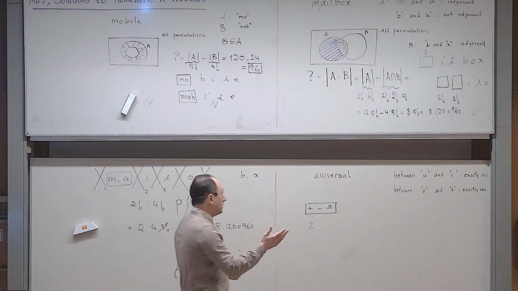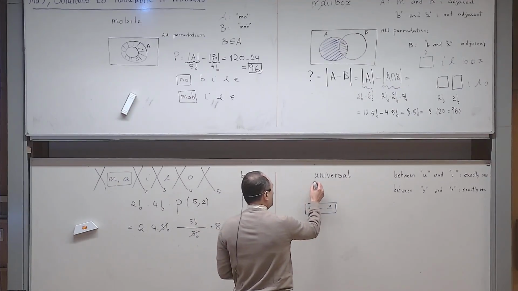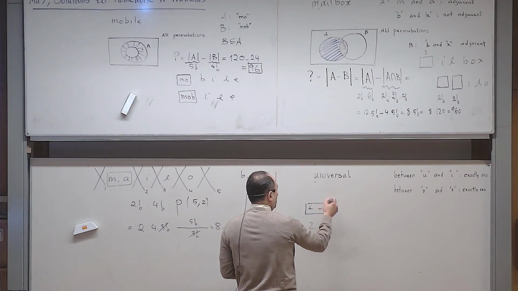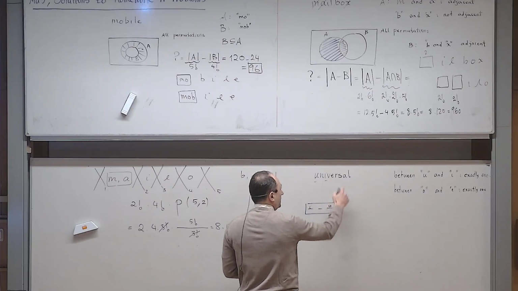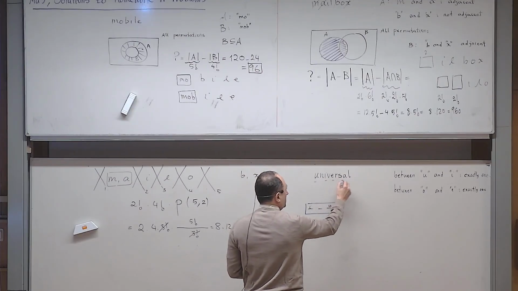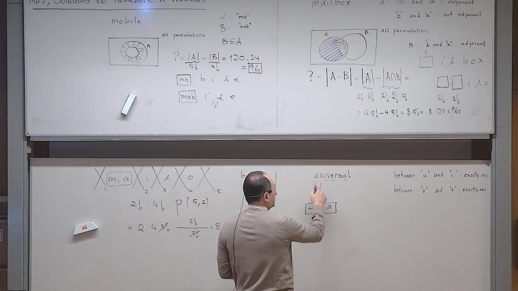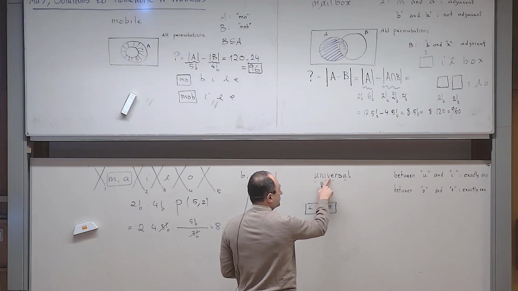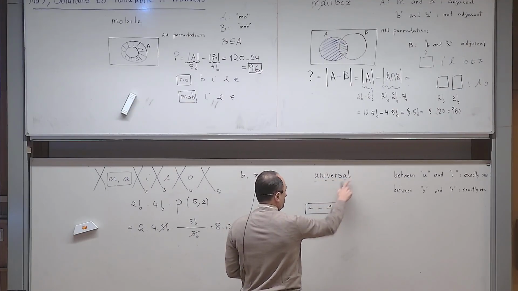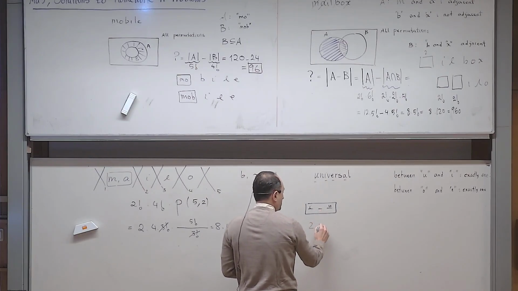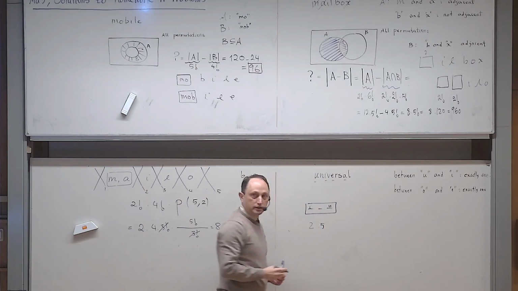Okay, so how many other letters are there? U is already used. I is already used. A and E are not allowed to be used here for the time being. So how many options are there? 1, 2, 3, 4, and 5. So I have 5 options for putting a letter there.